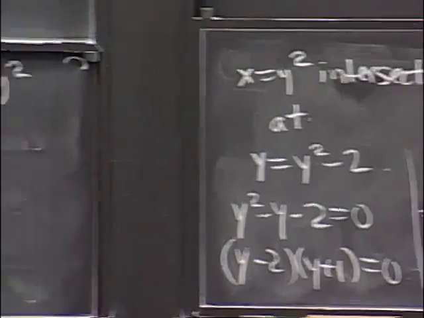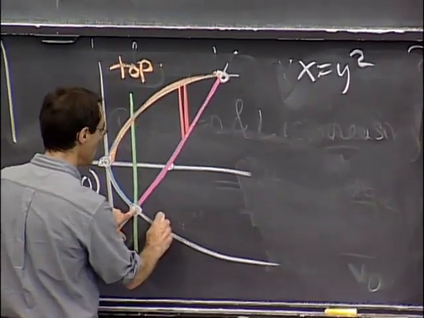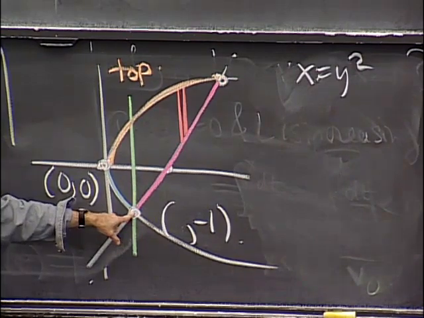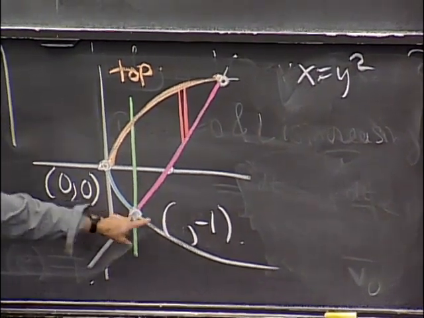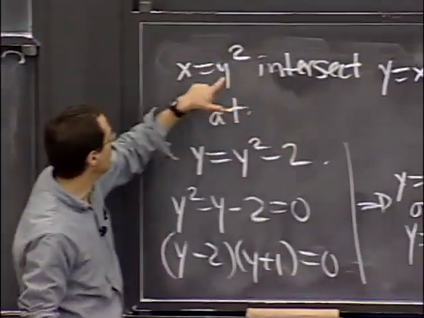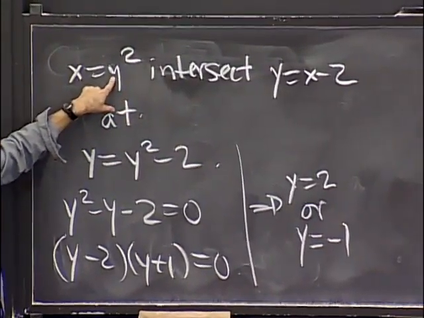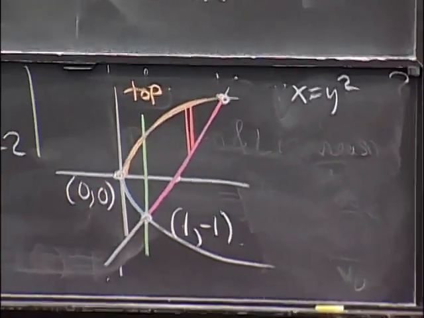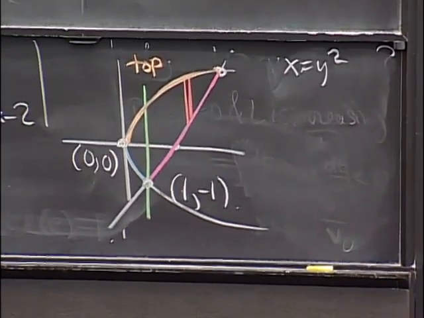Now, so I found y is equal to negative 1. That means this point down here has second entry negative 1. Its first entry, its x value, I can get from this formula here or the other formula. If I have to square this, negative 1 squared is 1. So that's the formula for this point.